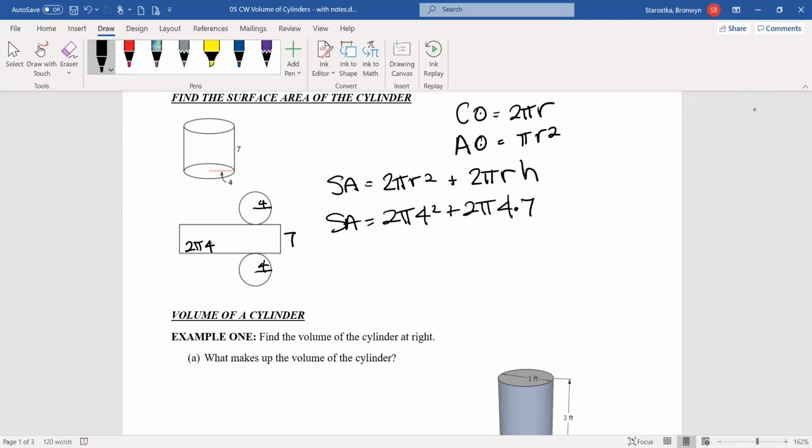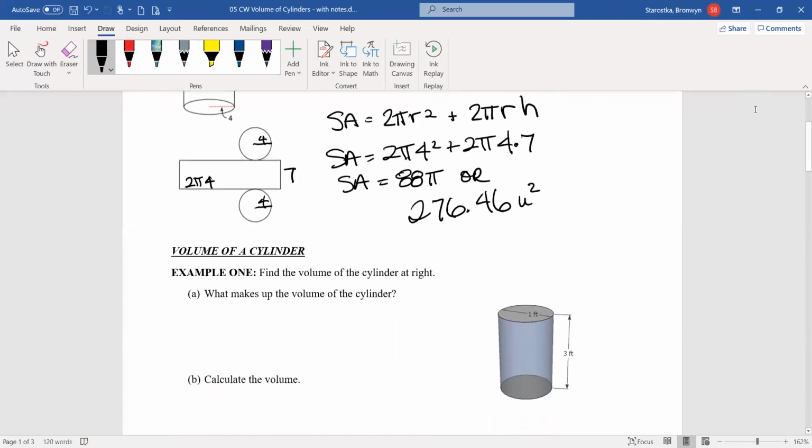Putting that all together, we're going to have a surface area that equals 88 pi, or if you put it into your magic calculator, 276.46 units squared.